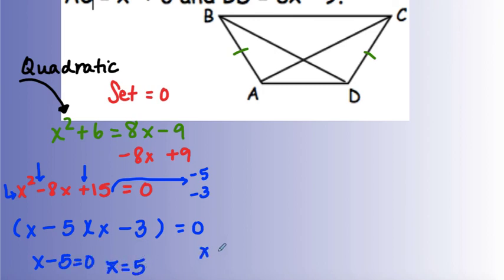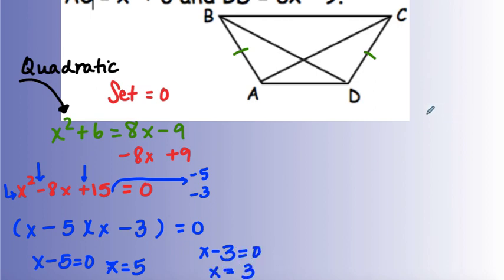And I know the only factors that give me x squared are x and x. So I'm looking at two numbers that multiply to give me 15 and add to 8. So it would be 5 and 3. So (x minus 5)(x minus 3) equals 0. All right. Then we set each factor using the zero product property equal to 0, so x minus 5 equals 0, so x equals 5, and x minus 3 equals 0, so x equals 3.